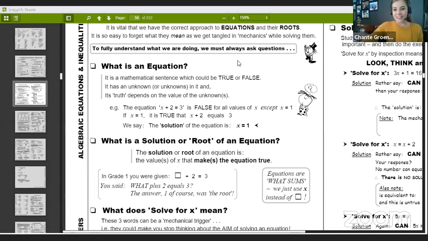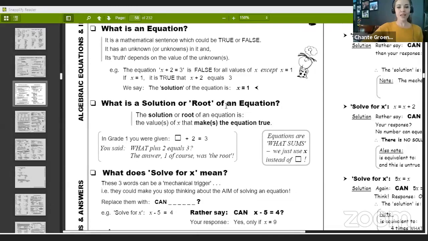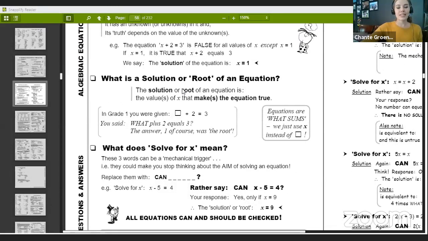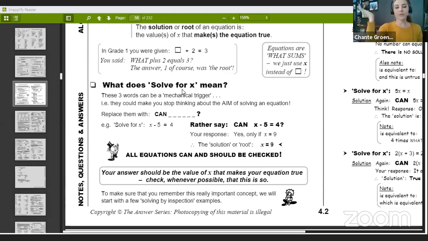Fantastic. Let's start. Today is an exciting lesson. I want us to start at what does solve X mean. I know we've seen a lot of meanings of what X means, but let's start thinking positively about this and see how we can work with it. I want you to read with me.